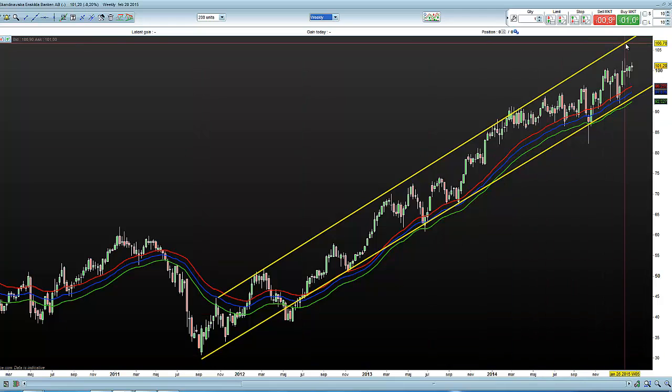But that's not very easy, knowing when the high is going to be. So just using the trend channel is very useful to show that this is not a one-off.